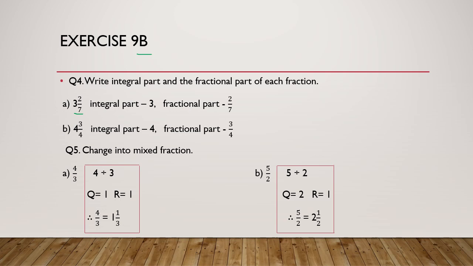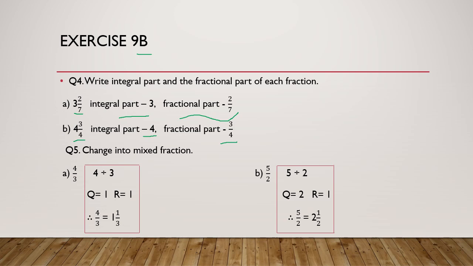So the integral part is 3 and fractional part is 2 upon 7. See the B part, 4 whole 3 upon 4. Here integral part is 4 and fractional part is 3 upon 4.